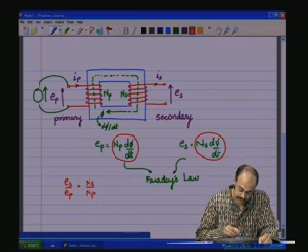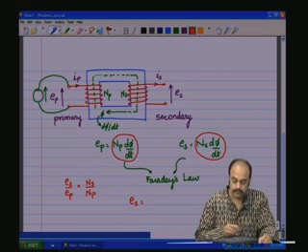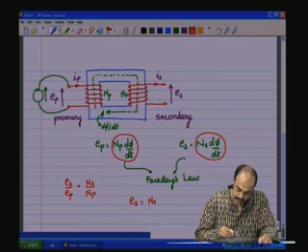So, this means that E secondary is NS by NP into E primary.